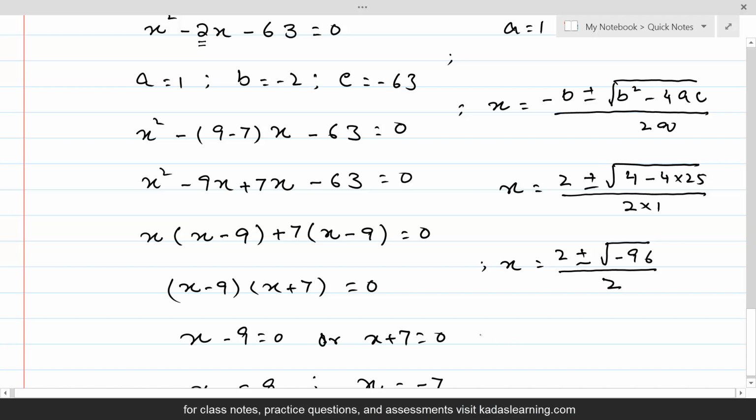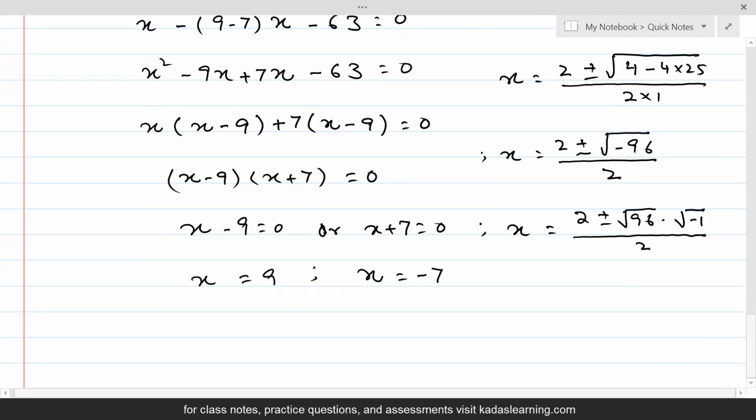So x equal to 2 plus minus square root of 96, and we take minus 1 under the root separately, divided by 2a, which means 2. Minus 1 is in fact a complex number, and its value is equal to iota, which we should study in complex numbers.